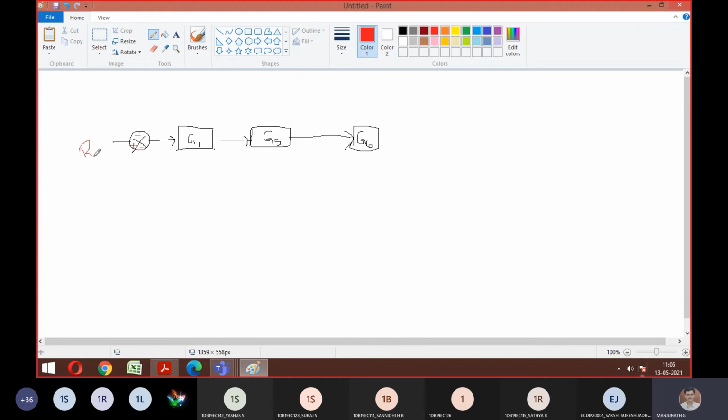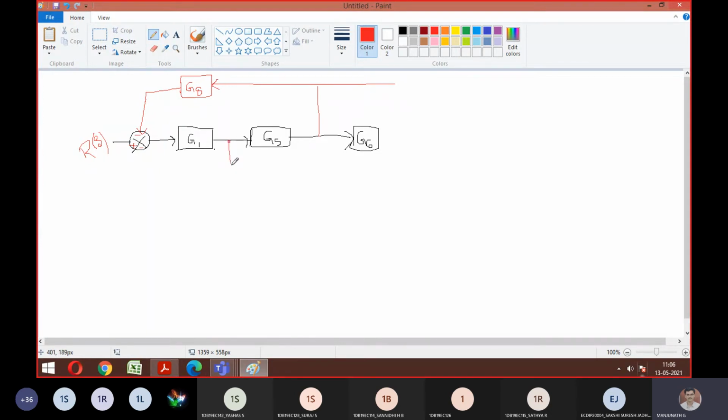This is the input R of S. This is connected to G8. Is it visible, guys, what I'm writing? Yes, sir. Okay, so output is mentioned here and they are connected here. Arrow mark. So I'm writing the arrow mark, so be careful with that arrow mark.